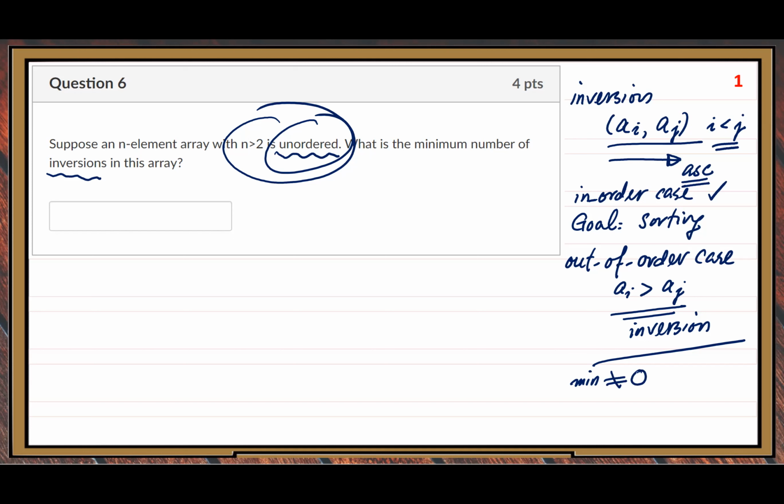If the minimum number of inversions equals 0, then the conclusion is that it is ordered.